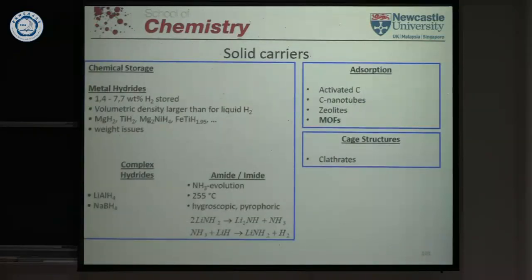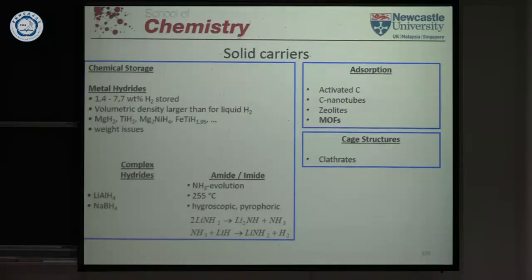So then there comes the question of chemical storage. I've mentioned this before. There are a number of possibilities. They are all listed here, and you see in your notes some details about what kind of materials there are and what you can use.